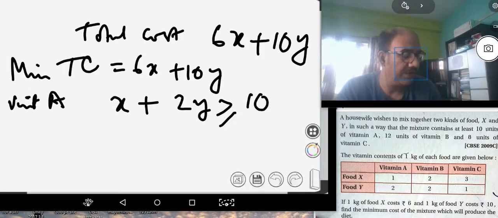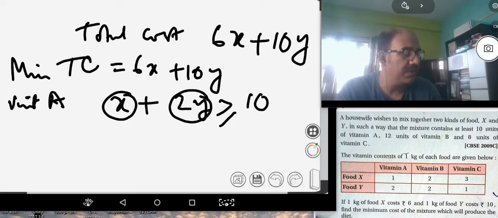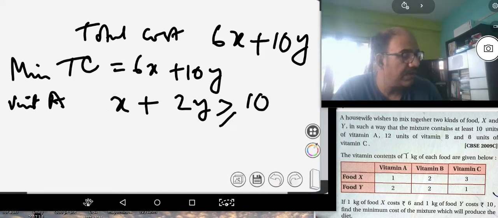X kg of food X will contain X units of vitamin A, and Y kg of food Y will contain 2Y units. So total vitamin A obtained is x plus 2y, so we write x plus 2y greater than or equal to 10.